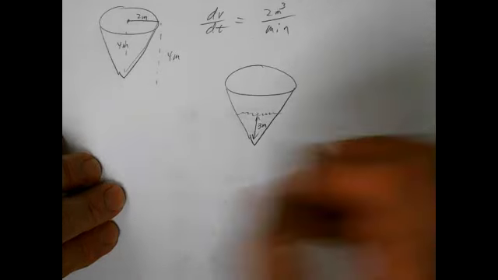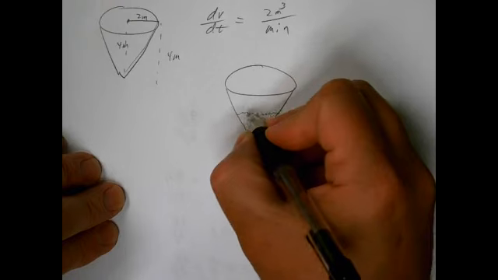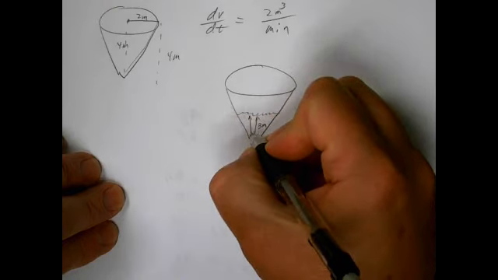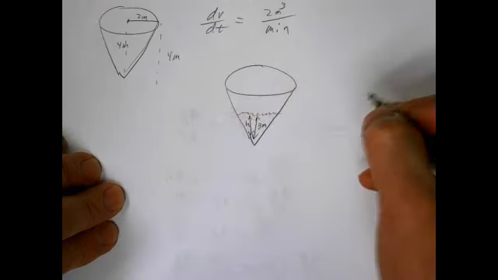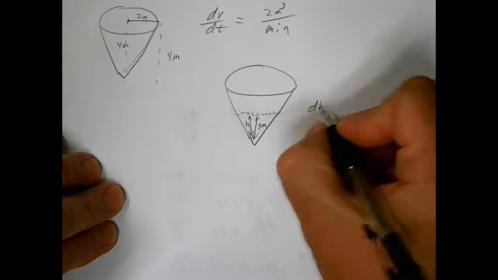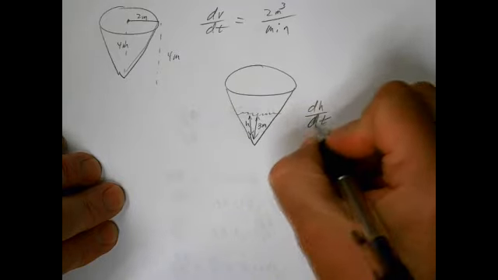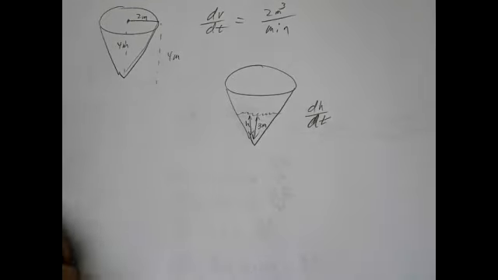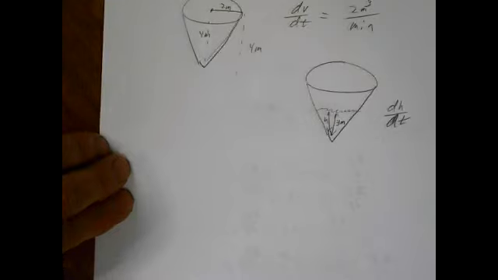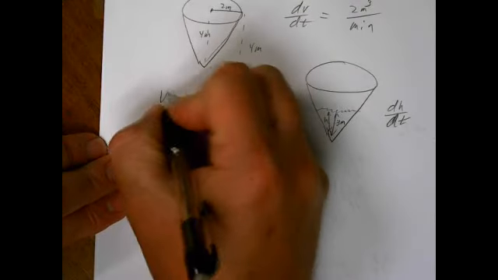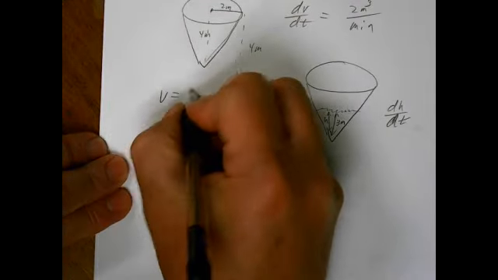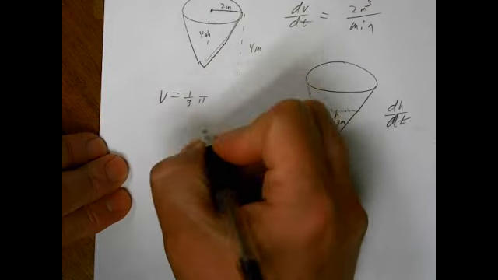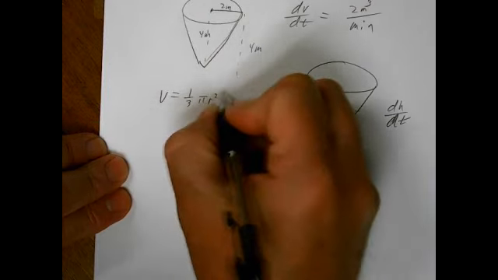And if we call this arbitrary distance right here height, then what they're wanting is the dH dt. Again, you have to know the static to ever be able to figure out the dynamic. And the static says that the volume of a cone is 1/3 pi r squared h.